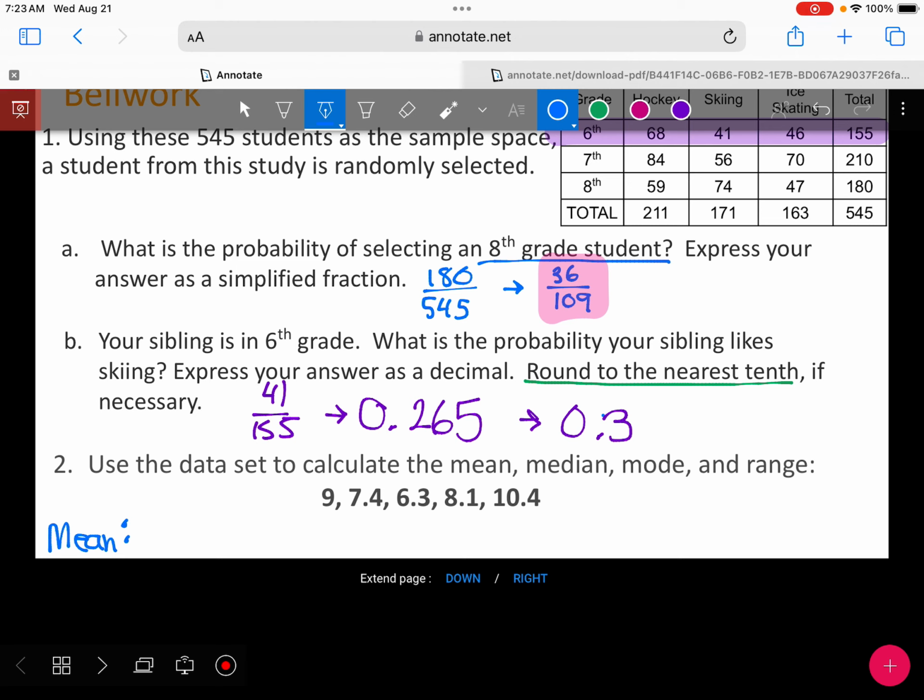Add them all up. Divide by how many we got. We have 5 terms here, so we're going to add our 9 plus 7.4 plus 6.3 plus 8.1 plus 10.4, and we're going to divide by 5. So we should get 8.24. Exactly right. 8.24. Divide by 5 because we have 5 things there.